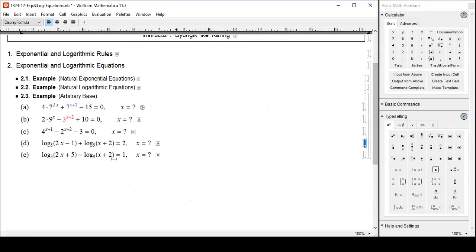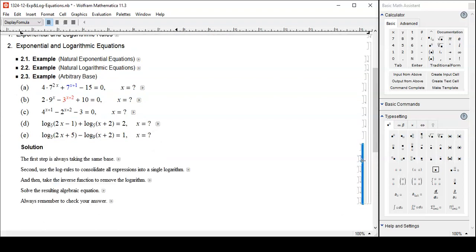Here's another example. Similar. 3, we have 9 here. So that's going to be a bit of a problem here. How do I change this into log base 3? It's not going to be hard because 9 is 3 squared. So if you use the change of base formula, you can change this into log base 3.